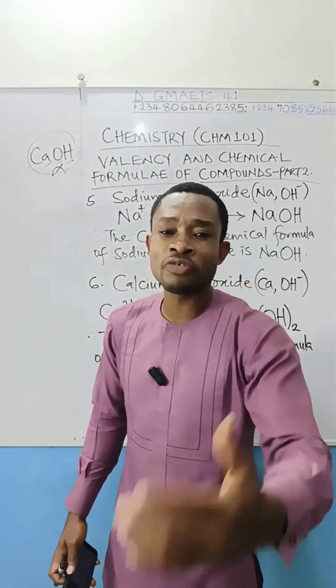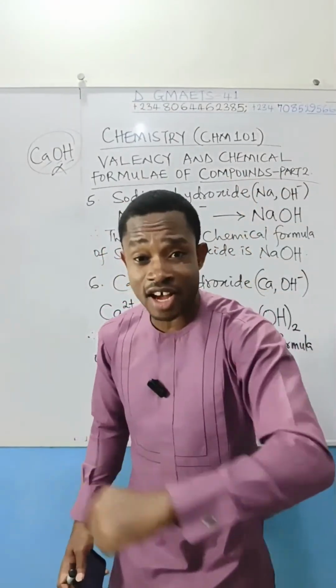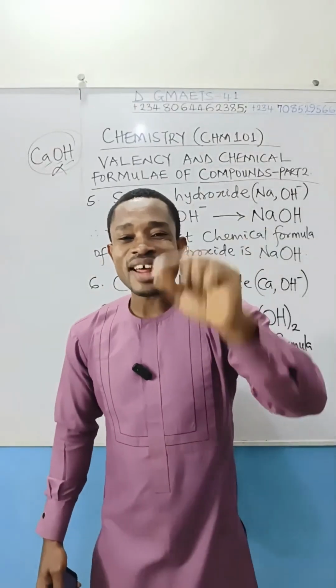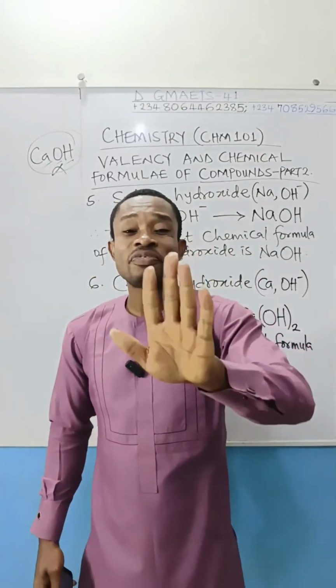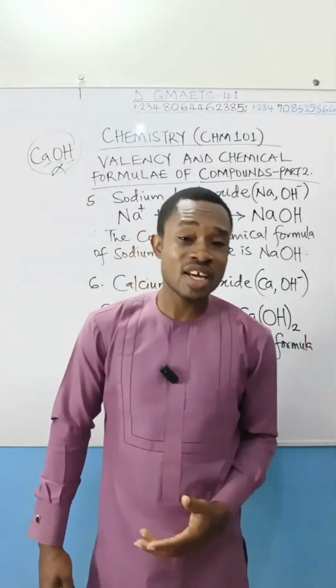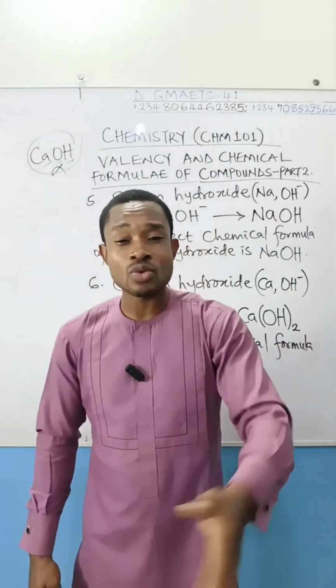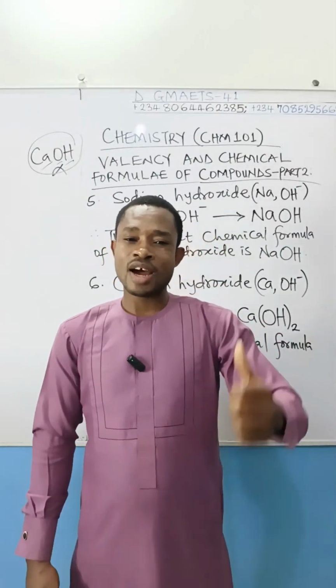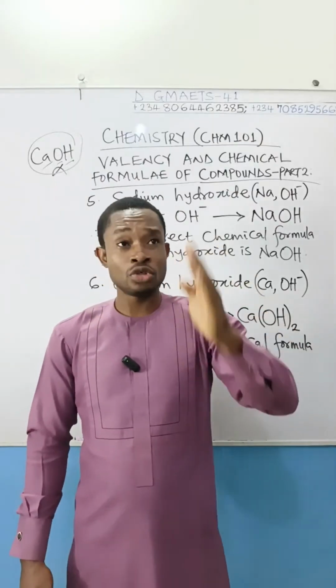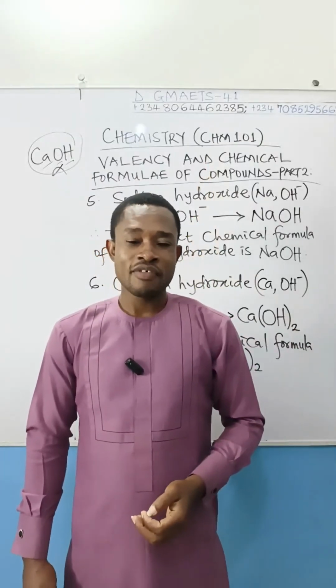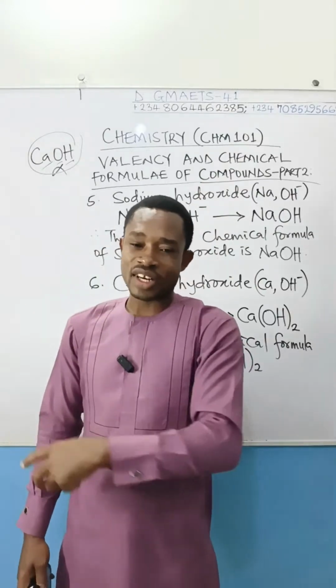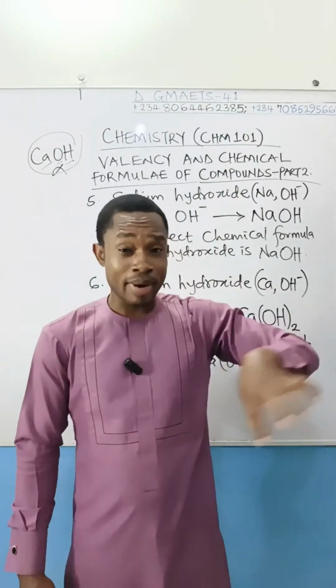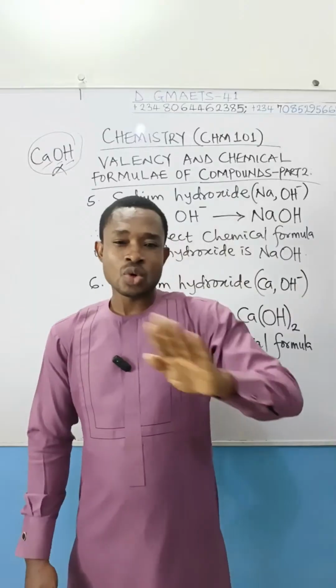And what should you do for yourself? Learn the valency of, there are 15 elements at least among the first 20 elements whose valency you are meant to know very well. Remember in our previous class, I eliminated 4 for you, those that have 4 valence electrons and those whose valence electrons are complete. I eliminated them out of the first 20 elements. So we are left with 15.